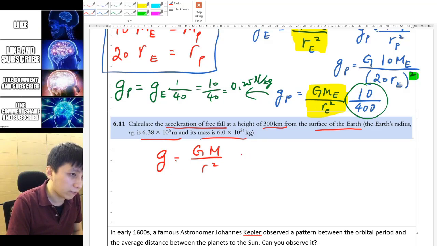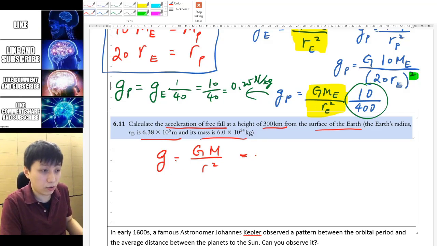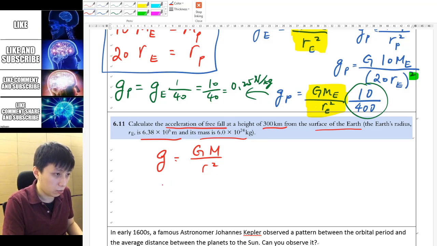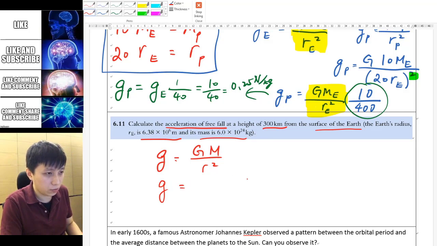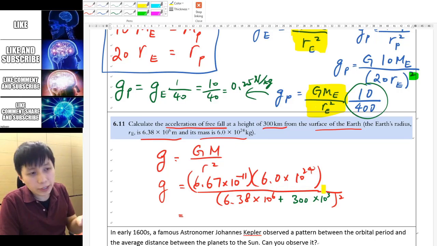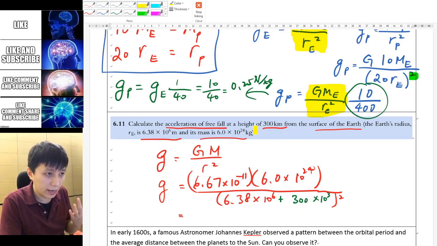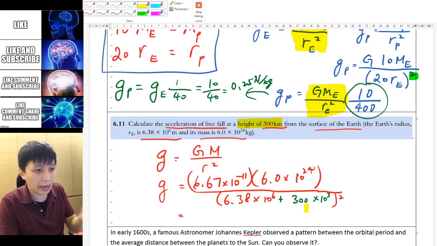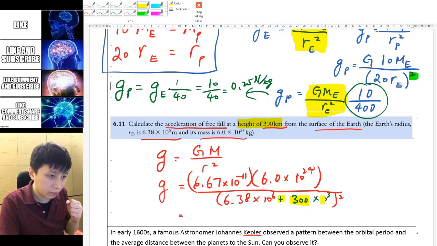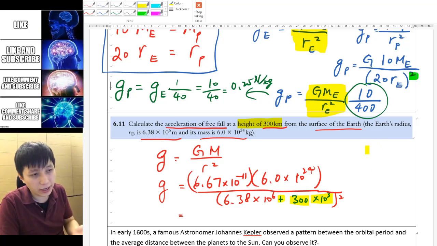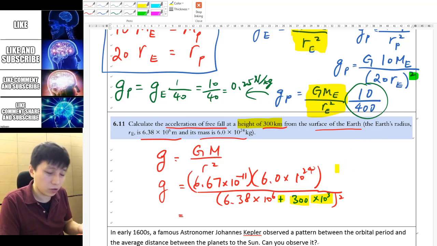So here what we have to do is we need to substitute everything basically, and so we should be able to find g equals to this equation. And just to remind you again, you have to add the extra height that mentioned by it. So plus 300 times 10 to the power 3 because it's km, and I know it's not going to be a lot.